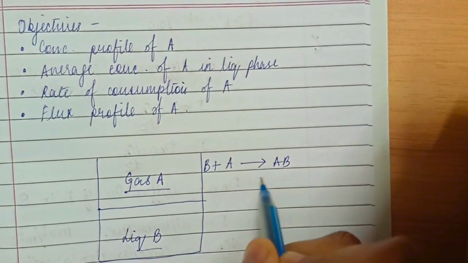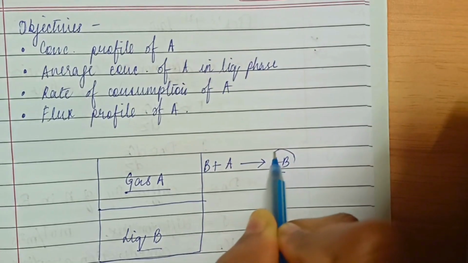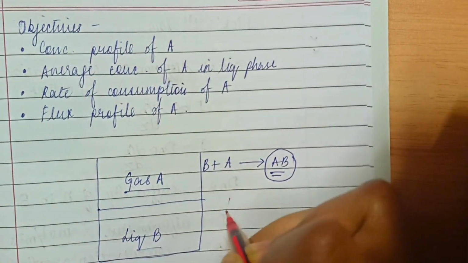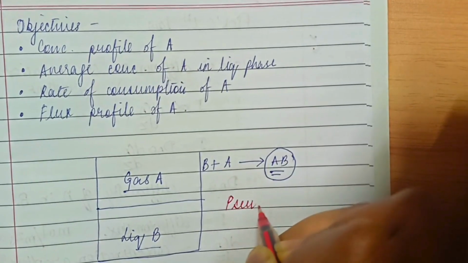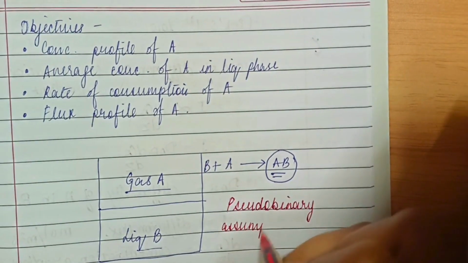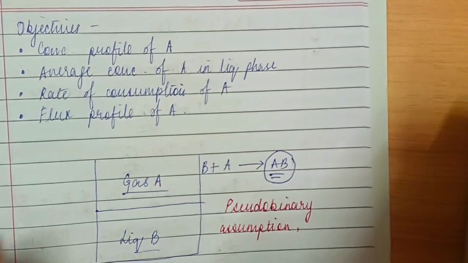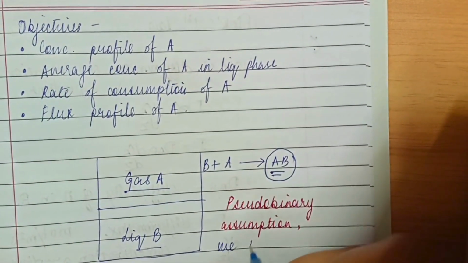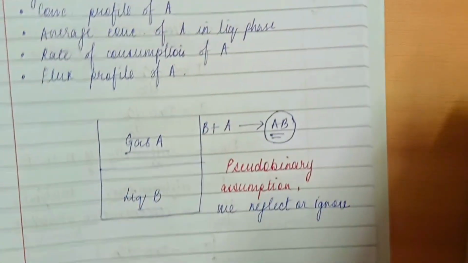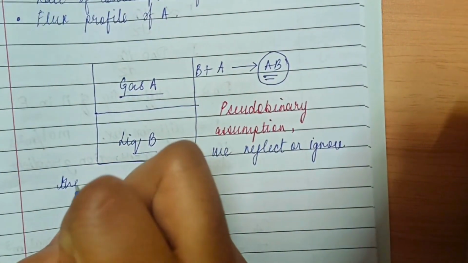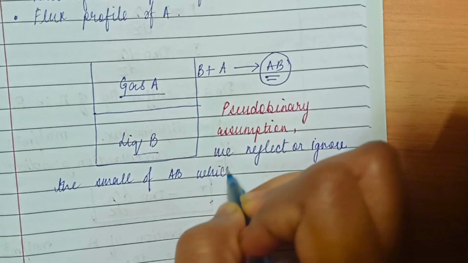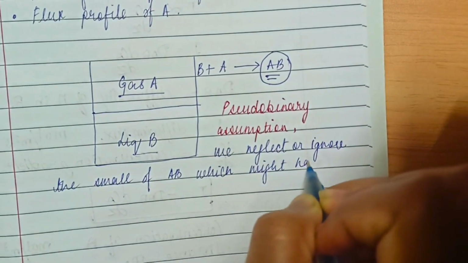Now, as we can see, there might be some formation of AB component, but using the pseudo-binary assumption, we neglect or ignore the small amount of AB which might have been formed.